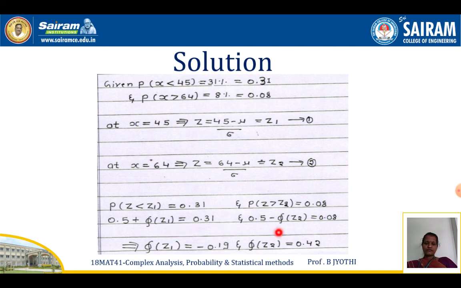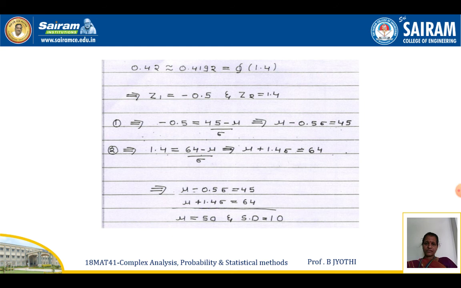Similarly, phi of z2 will be 0.42. Next, 0.42 can be almost equivalent to 0.4192, which is from the table, which happens to be phi of 1.4. Reverse we need to refer here.